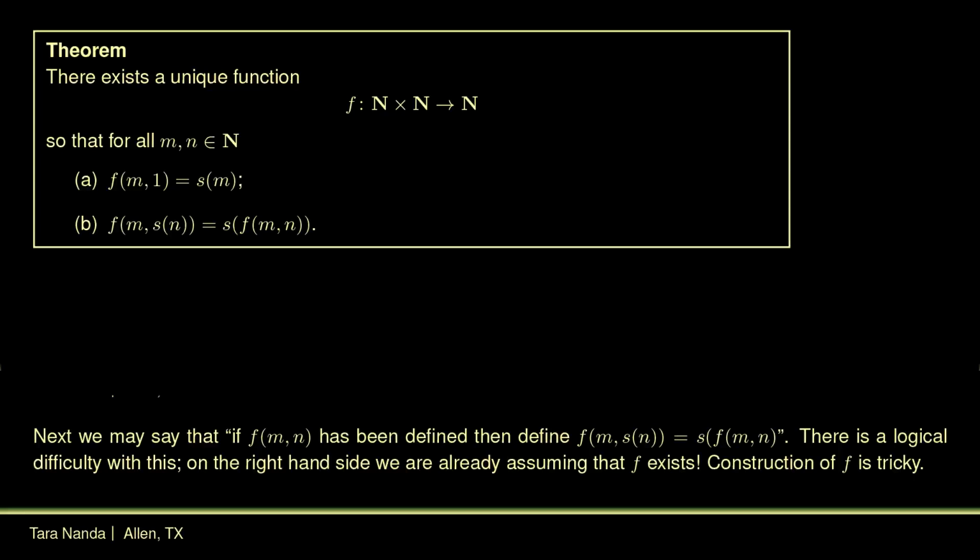Well, there is a logical difficulty with this. On the right hand side, we are already assuming that F, which is a set, has already been defined on N cross N. And we are trying to now say define f at m comma s of n as the successor of f of m comma n.